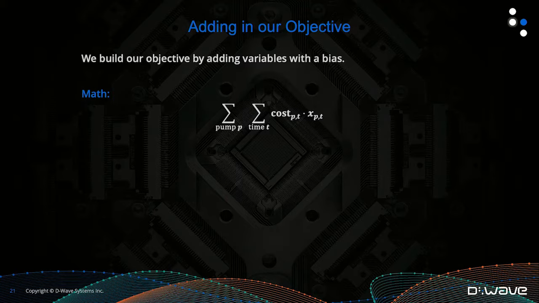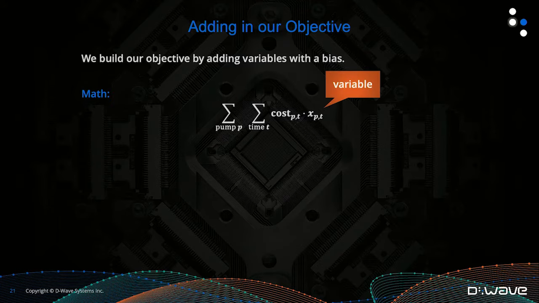If you remember back to that binary quadratic model form, where I said we have linear and quadratic terms, and we control those a's and b's, the coefficients, those are the biases. So in this math expression, we have a summation where we've got linear terms. Those are our binary variables, and our bias is going to be this cost coefficient, which is known to us. We know how much it costs to operate each pump at any given time.